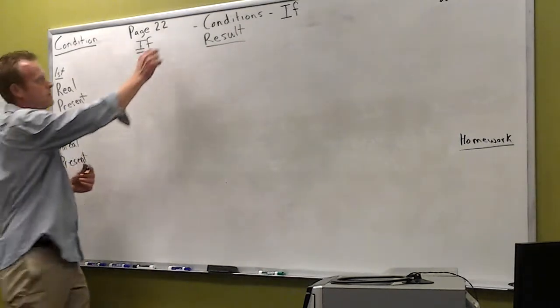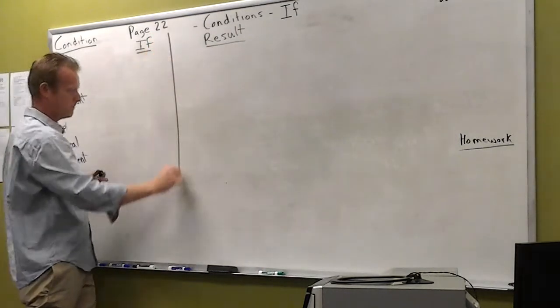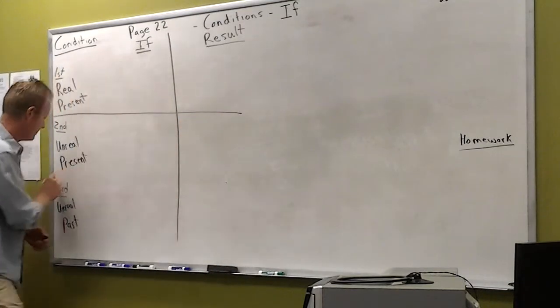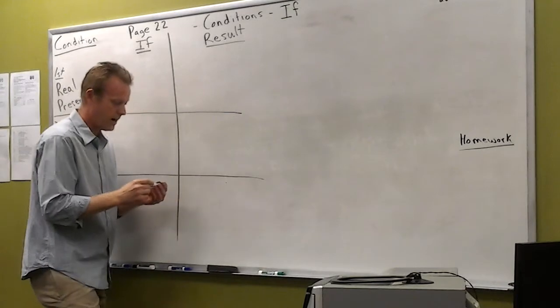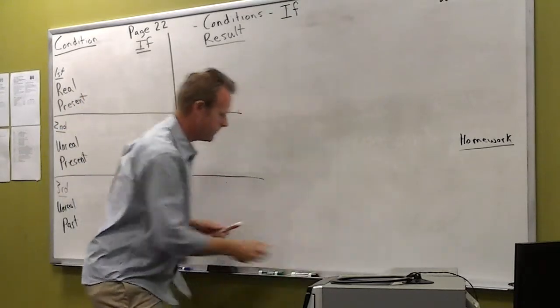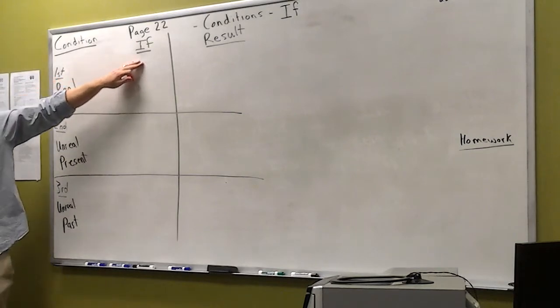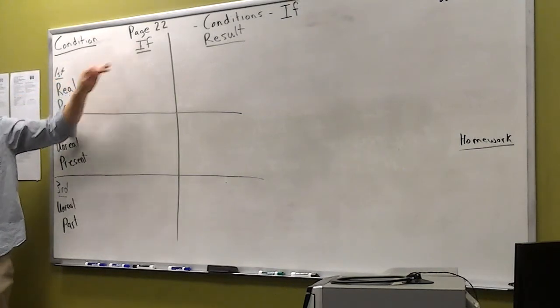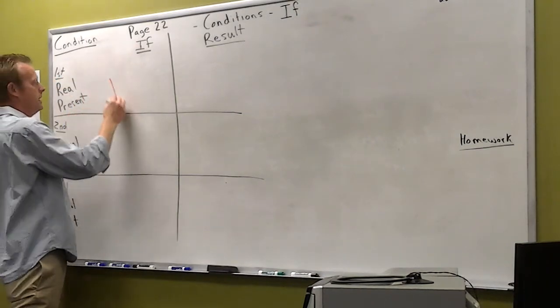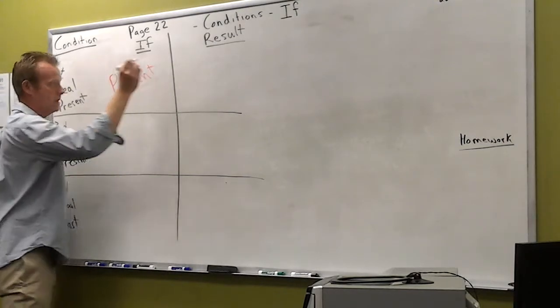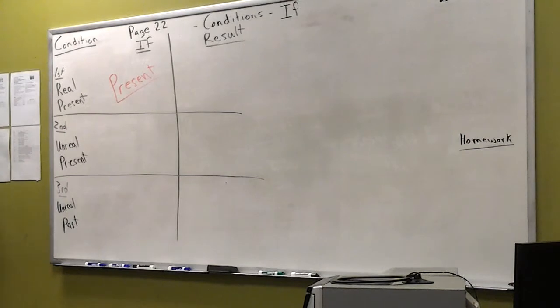Let's take a look first of all in the if clause. So a first class real, the if clause, what tense do I need here? Present. Good. You always need the present tense.